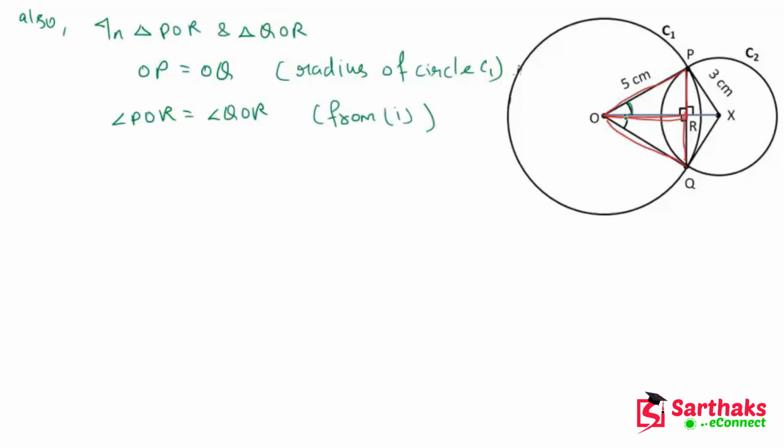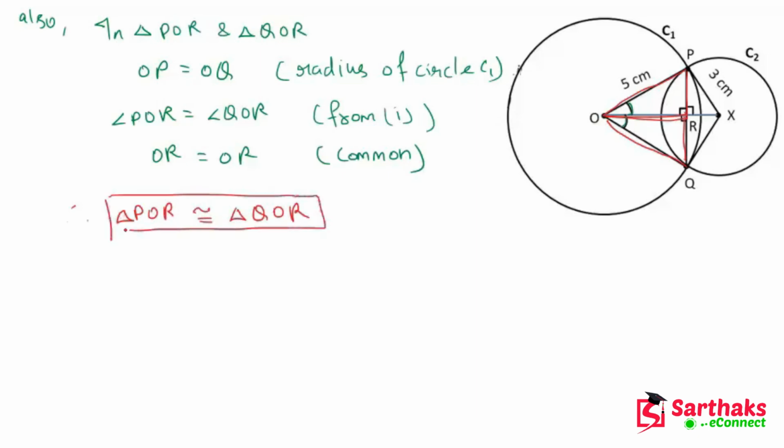We already proved these angles. Okay, and OR is equal to OR. So this is common. So we can write triangle POR is congruent to triangle QOR by which rule? By side angle side rule.